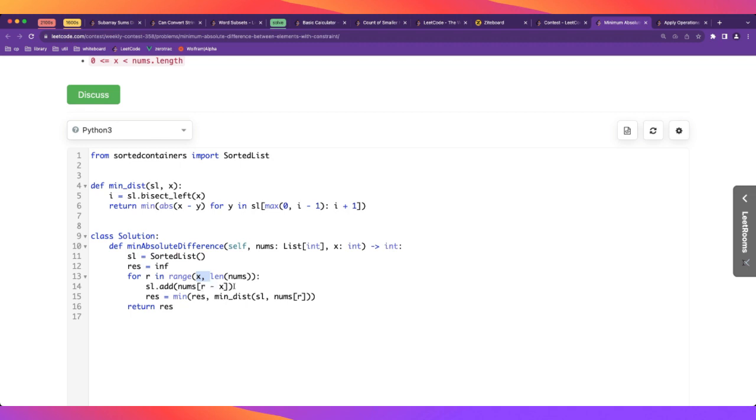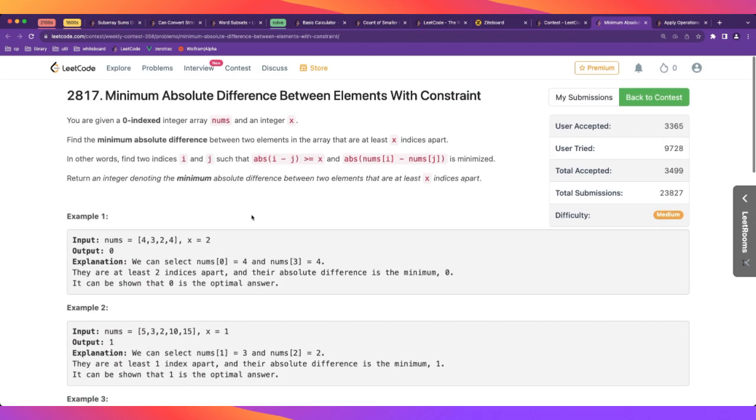Well, I guess it's the same when X is 0. In that case, there's no restriction. So yes, it's a special case of this problem. But my point is that it doesn't change much to add this extra condition. I mean, you need to know this trick, but I think it's easy to figure out even in a contest.